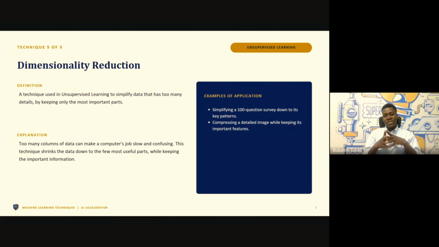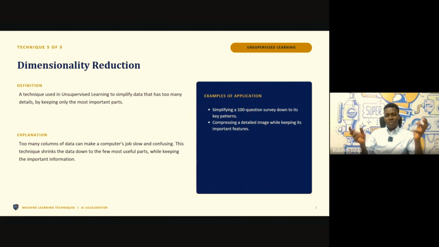So what this means in very simple terms is reducing the data that are not necessary to only have the data that are most important to that particular training that we want to carry out. Too many columns of data make a computer's job slow and confusing. This technique shrinks the data down to the few most useful parts while keeping the important information.